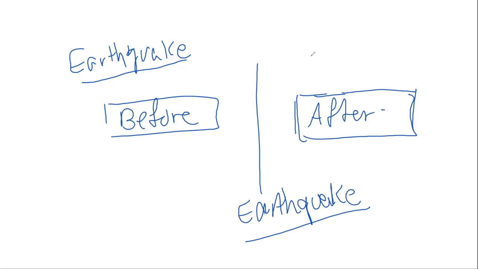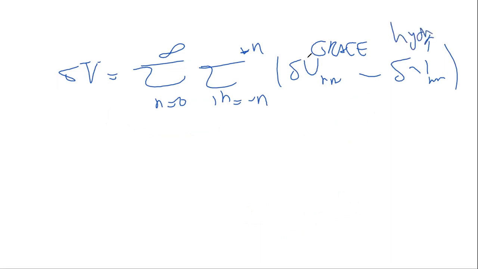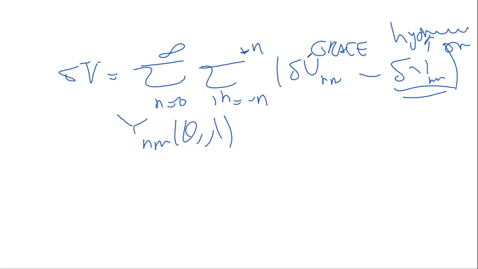So it means that if I want to see changes of the gravity, I write in spherical harmonics, for example, then these spherical harmonics from GRACE should be corrected by the spherical harmonics from hydrological signals. We have discussed this before, how to model this from the surface density. So this information is available in hydrological models.